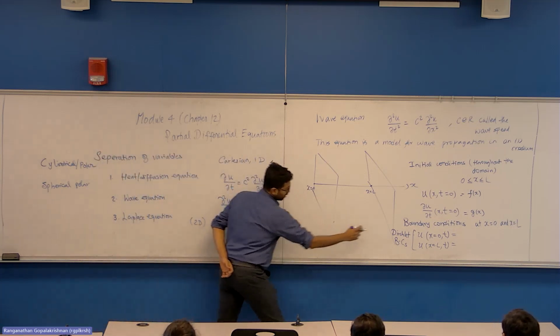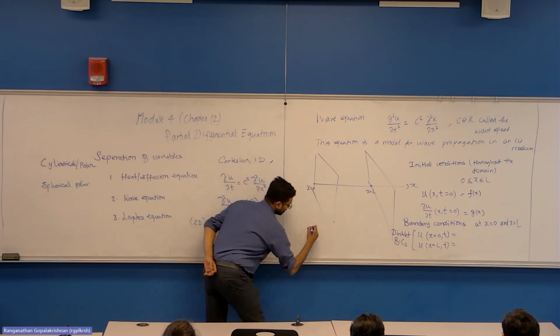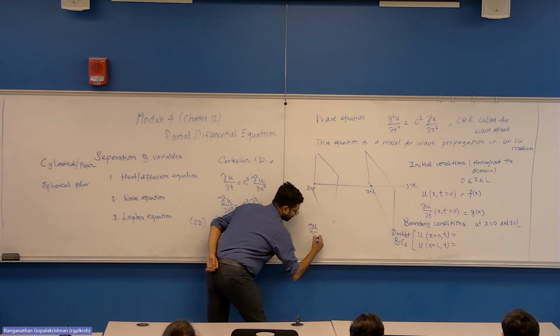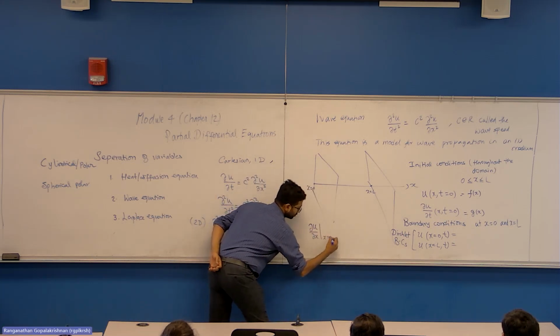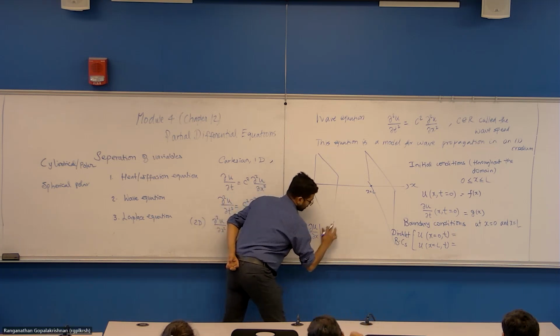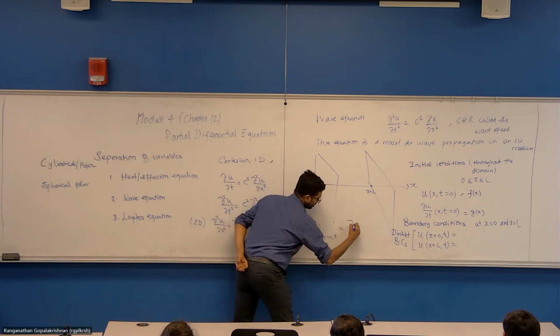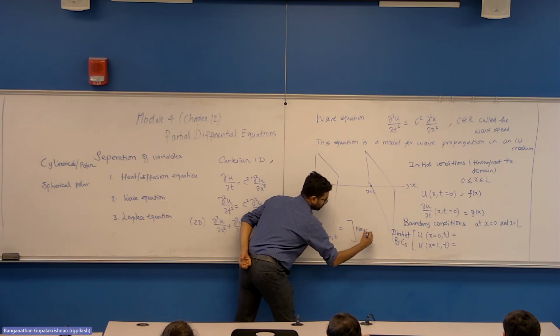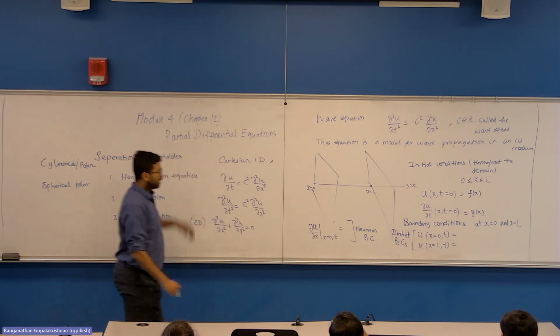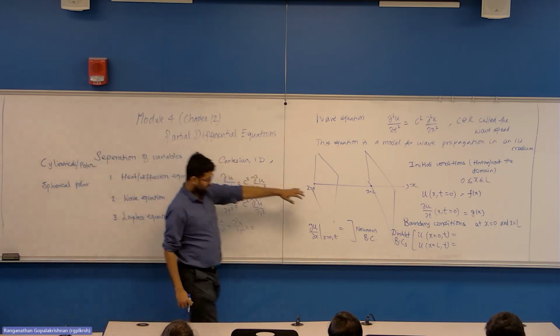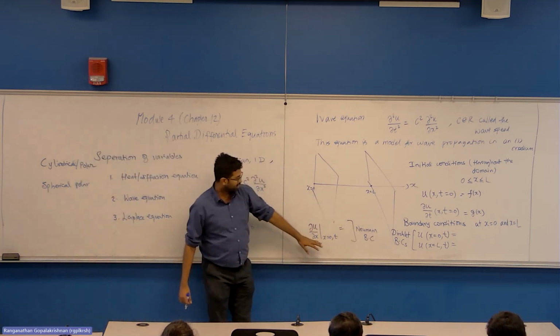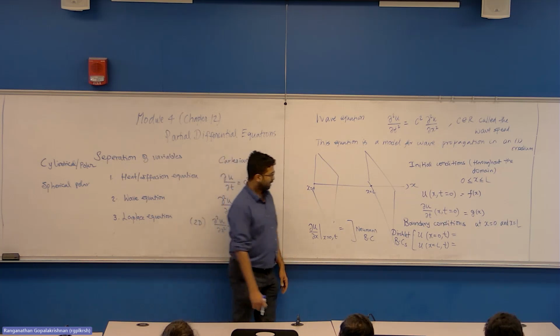Instead of the actual value of the function, if the slope of the function were given at x equal to 0 and time, this would be called a Neumann boundary condition. Specifying the function itself is called Dirichlet, specifying the slope is called Neumann.